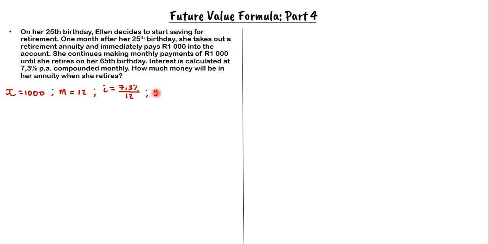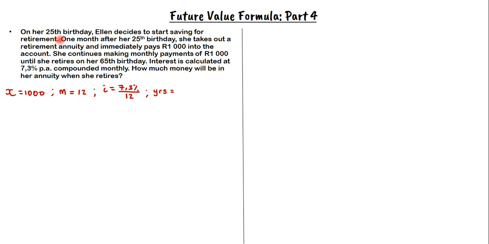Then when you check the number of years, we ask ourselves how long it took for Ellen to do the savings. Ellen started right after her 25th birthday and will take out the money on her 65th birthday.